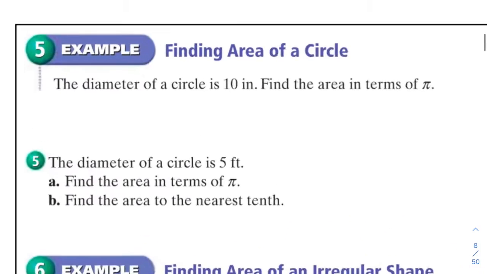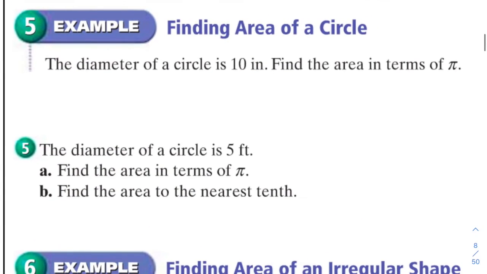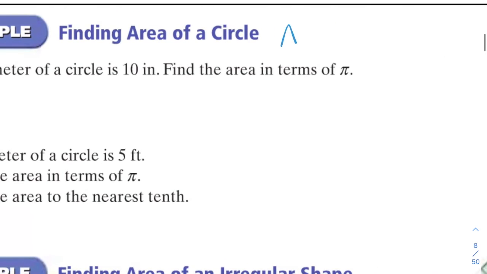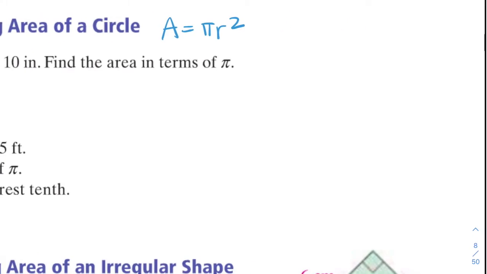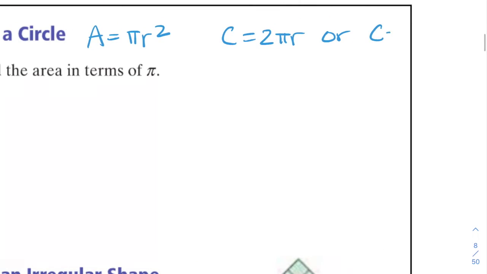All right, next one. The diameter of a circle is 10. Find the area. This is a multi-step problem, so you're going to have to do the first thing to find area. Area is pi r squared. Circumference is 2 pi r, or circumference equals pi d.